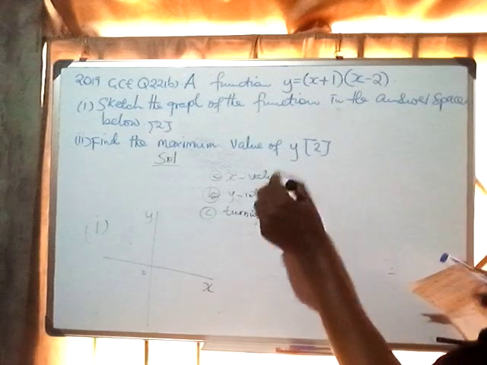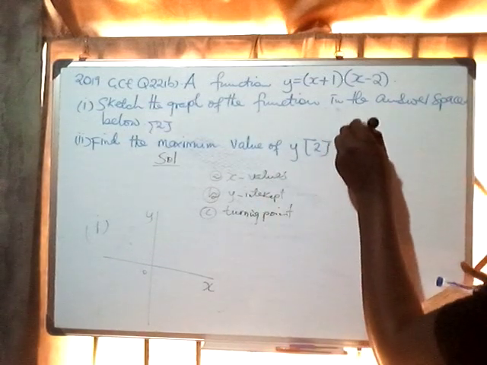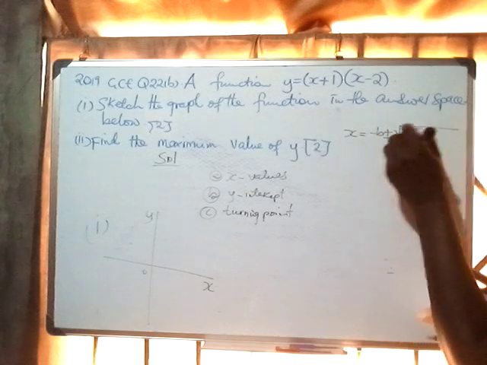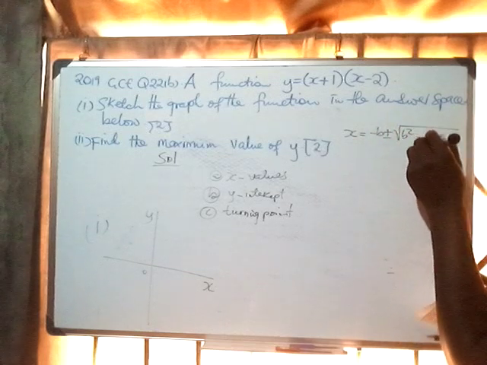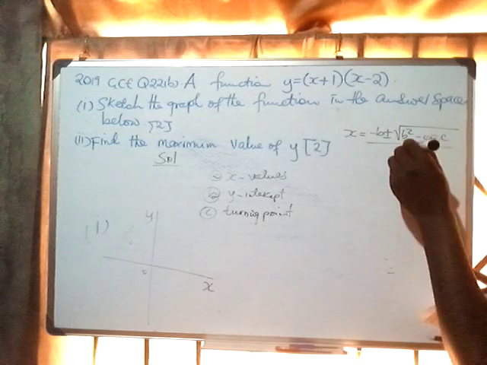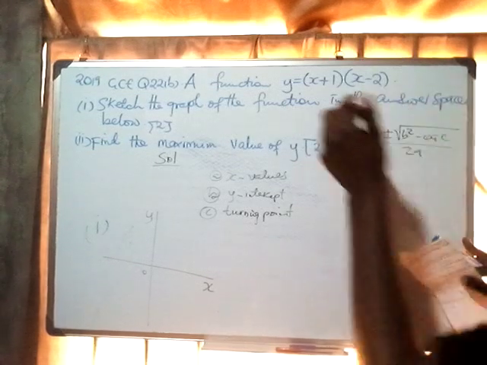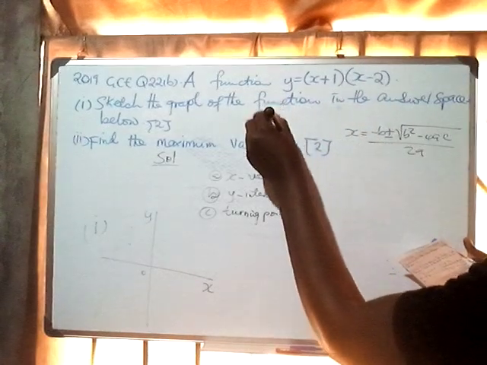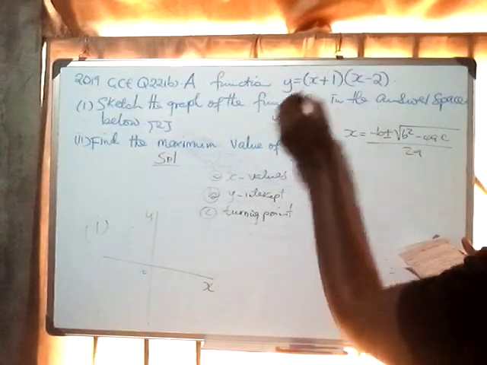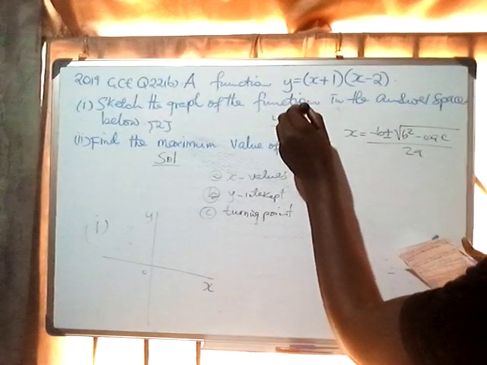So we'll start with the x values. We are going to say x is equal to negative b plus or minus the square root of b squared minus 4ac, everything over 2a. Let us expand that one first. Our y is equal to x times x, which is x squared.